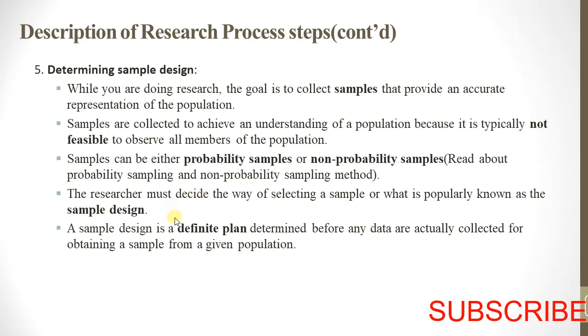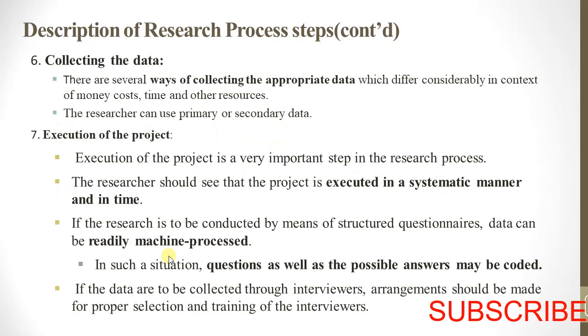The researcher must decide the way of selecting a sample, or what is popularly known as the sample design. A sample design is a definite plan determined before any data are actually collected for obtaining a sample from a given population. 6.